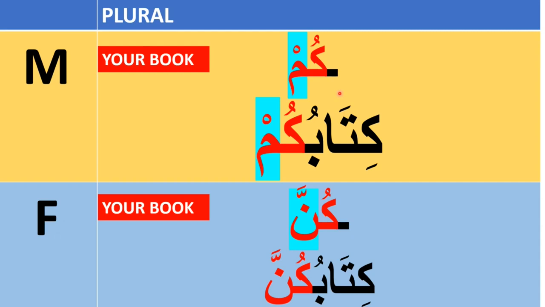Important to know that the suffix kum is grammatically for plural masculine, but it can also be used for a group of people, women and men. In this video, all our examples will have the suffix kum.